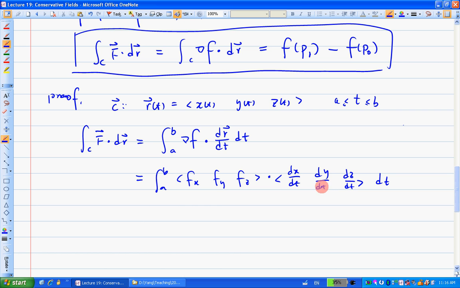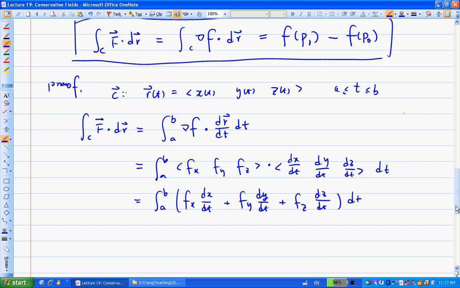So just carry out the dot product using the definition. What do we have here? We have fx dx over dt plus fy dy over dt plus fz dz over dt, and dt, right? So dot product, just add them together.